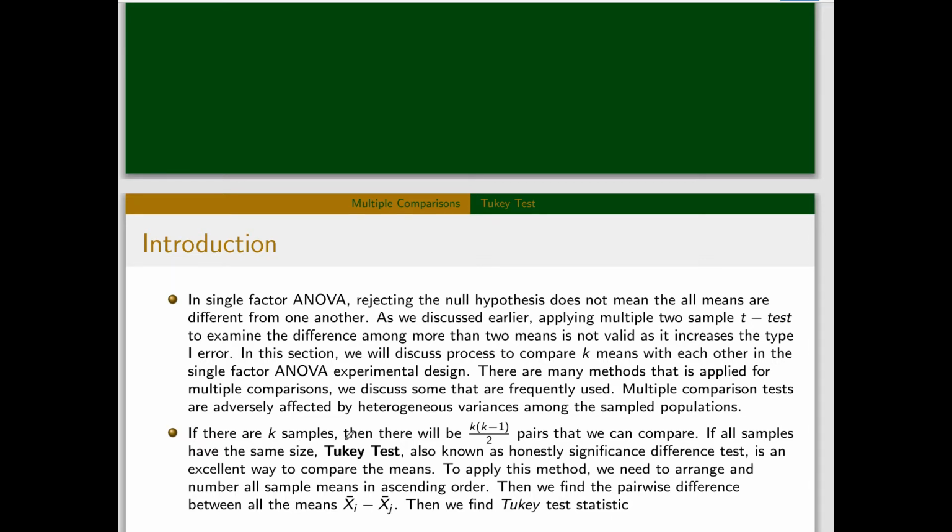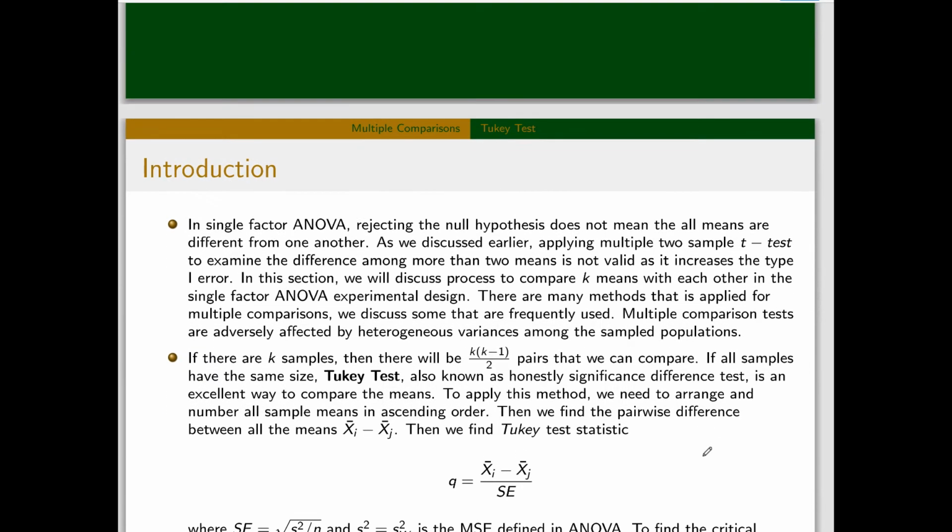So if there are k samples, then there will be k times (k minus 1) over 2 pairs that we can compare, right? If all samples have the same size, the Tukey test, also known as the honestly significant difference test, is an excellent way to compare the means. To apply this method, we need to arrange all the sample means in ascending order.